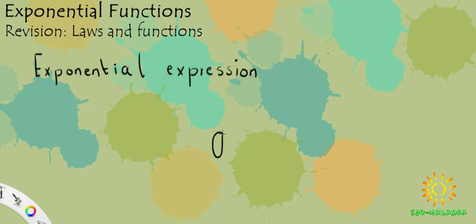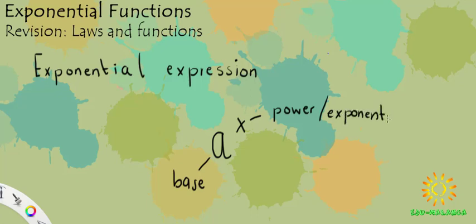You have a to the power of something. We're going to choose x. So these are the two parts of the expression. This part is what we call the base, and then this part is what we call the power or the exponent.